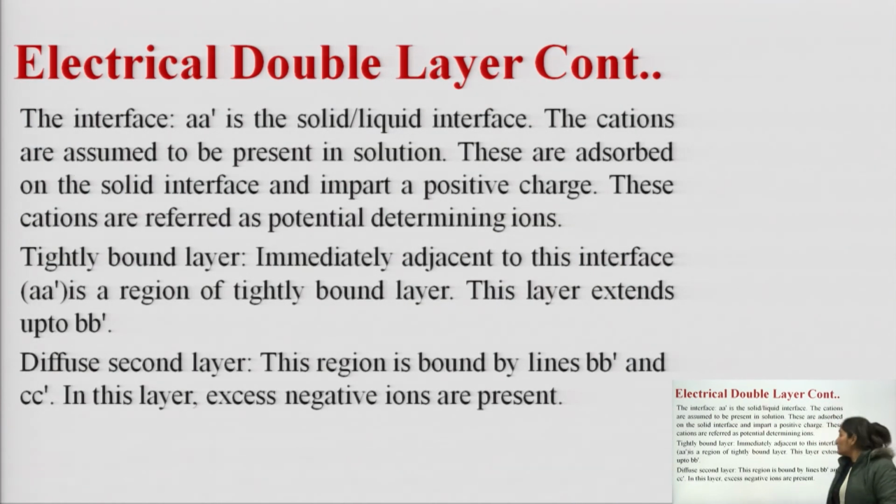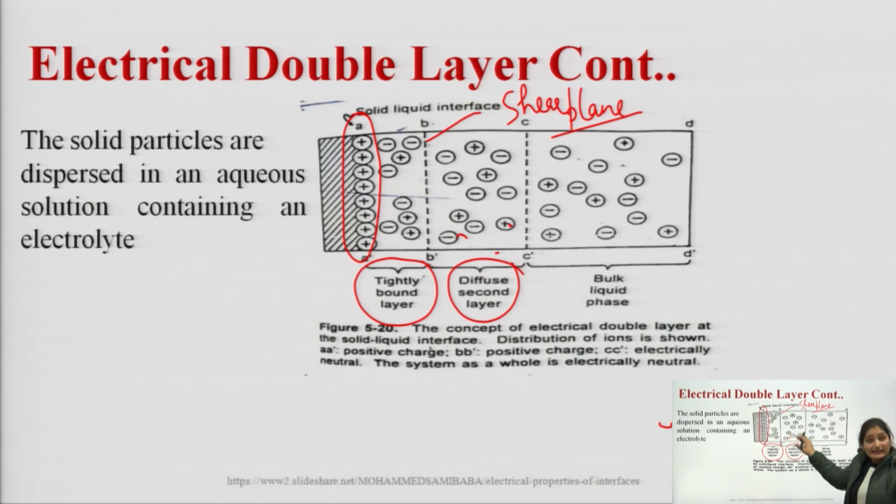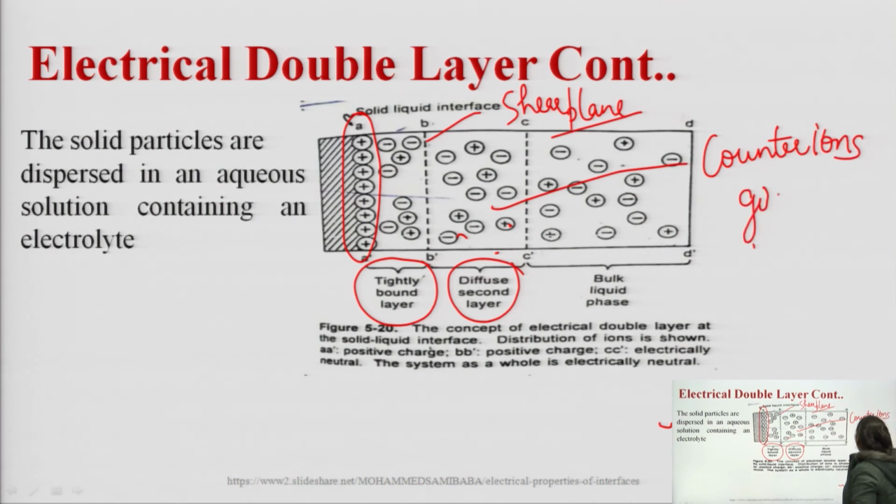In this diffuse second layer, there can be an excess of negative ions, and these negative ions are also known as counter ions or Gouy ions. Okay.